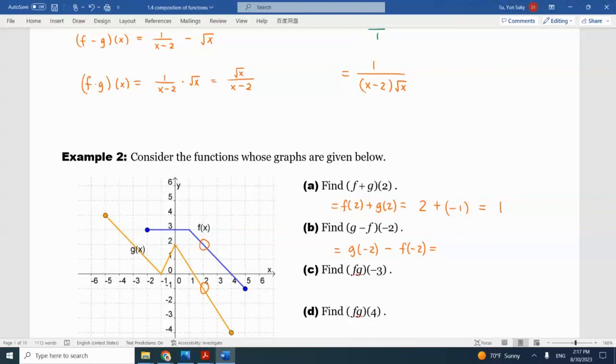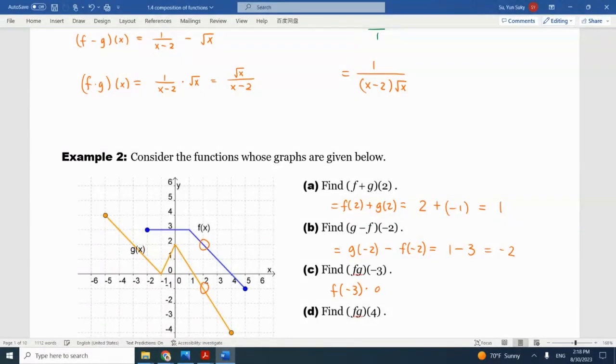And minus, what is F of negative 2? Yes. And 1 minus 3 is negative 2. Yes, good. Okay, and next, F times G of negative 3.